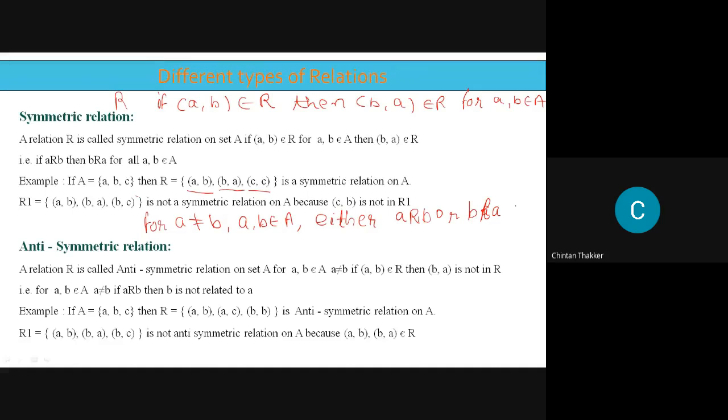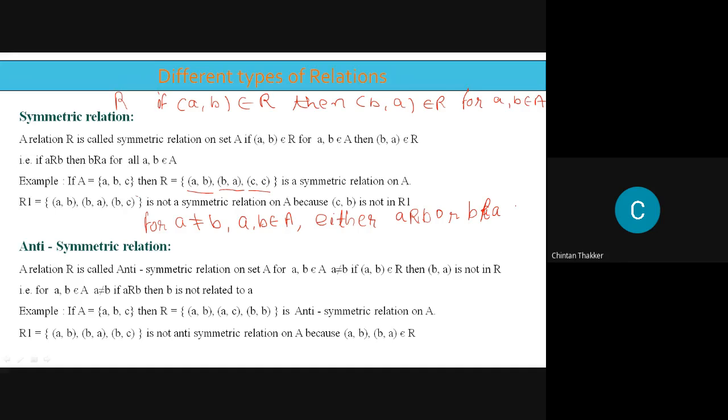But if we take the same example, which we take in a symmetric relation R1, we take R1 the same as in a symmetric relation, then here for ordered pair A comma B, the reverse ordered pair B comma A is in the set R1.